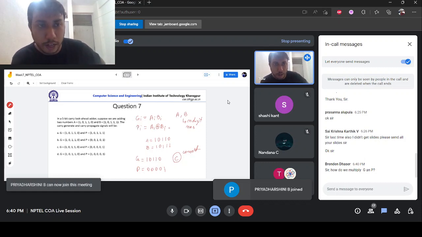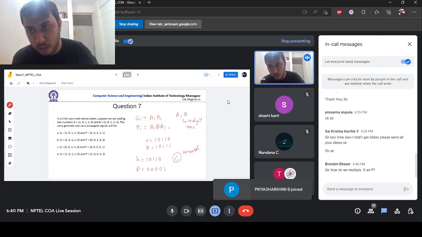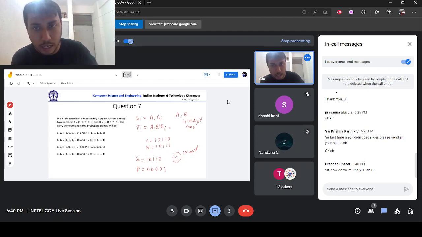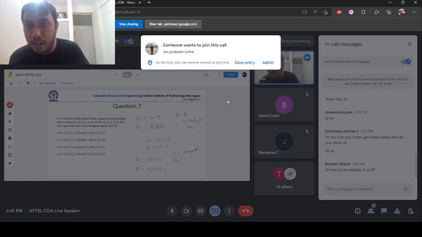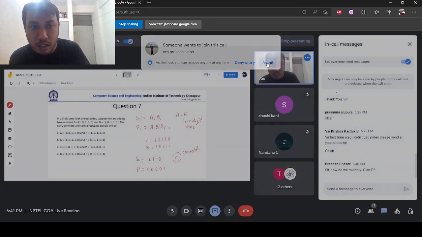So I will again repeat. So carry generate is Gi equals Ai AND Bi, and propagate is basically Ai XOR Bi. The two numbers given to us are A 10110 and B 10111. So we need to generate the carry generate and carry propagate signals.